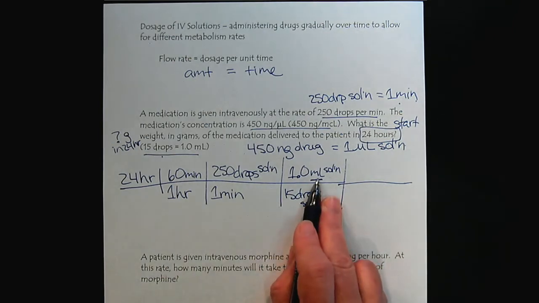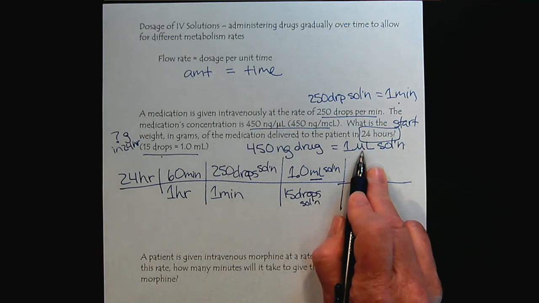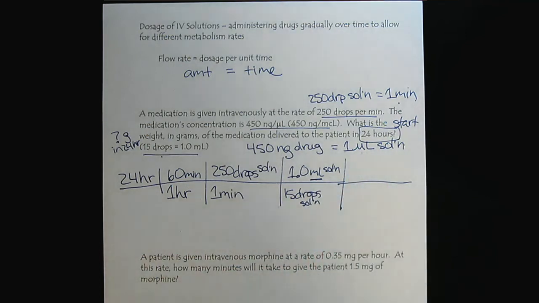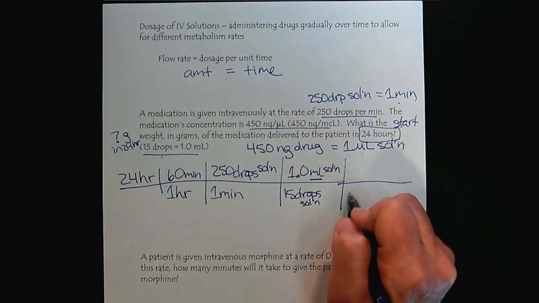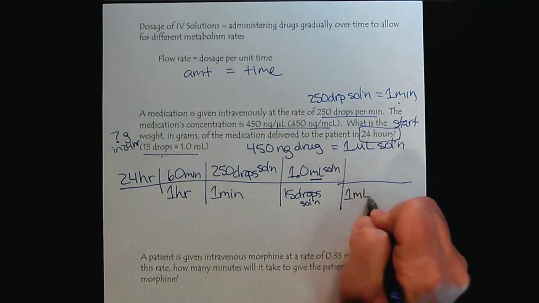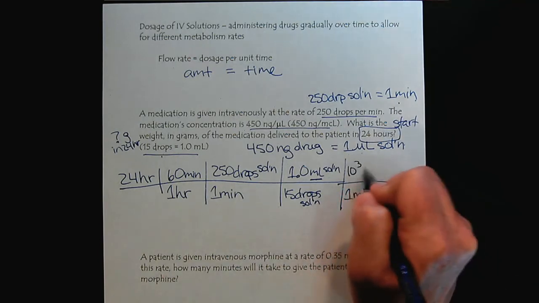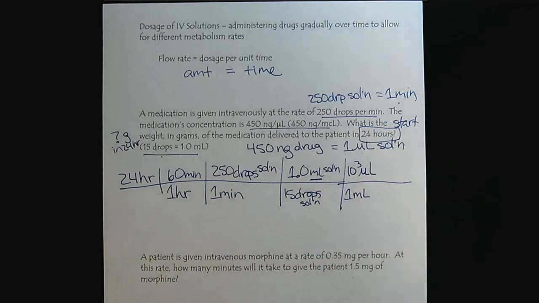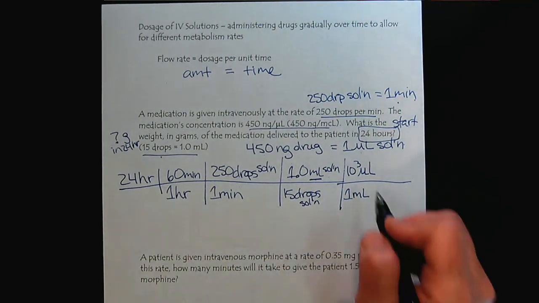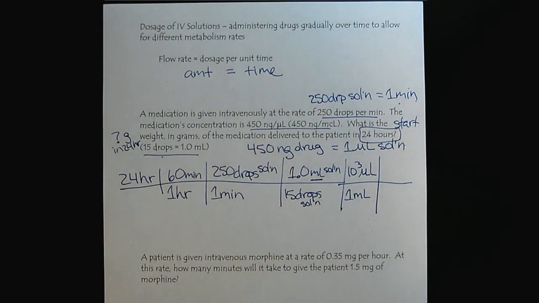But we have another challenge here. This question is given to us in milliliters, but we have information in microliters, right? So for every milliliter, there are 1,000 microliters. That's another one of the unit conversions you want to have off the top of your head. Now I'm going to have to write tiny.